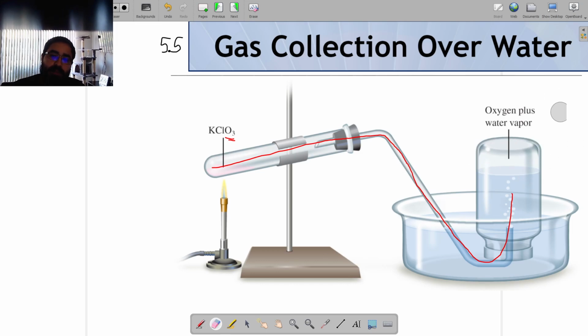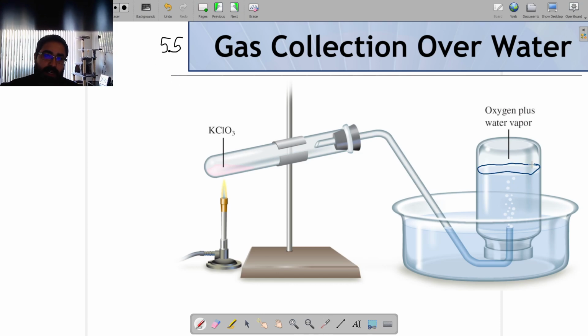But we run into some issues, and the issue is written right above the jar. The issue is that there is water vapor in this container. The oxygen bubbles up, but there is always some vapor on the surface of a liquid.